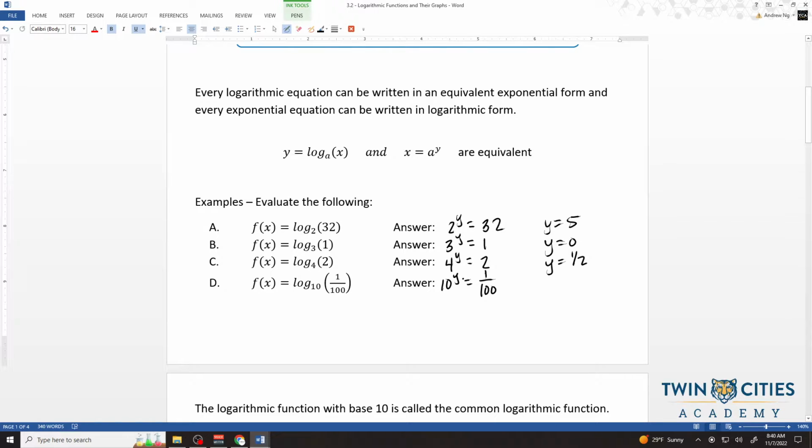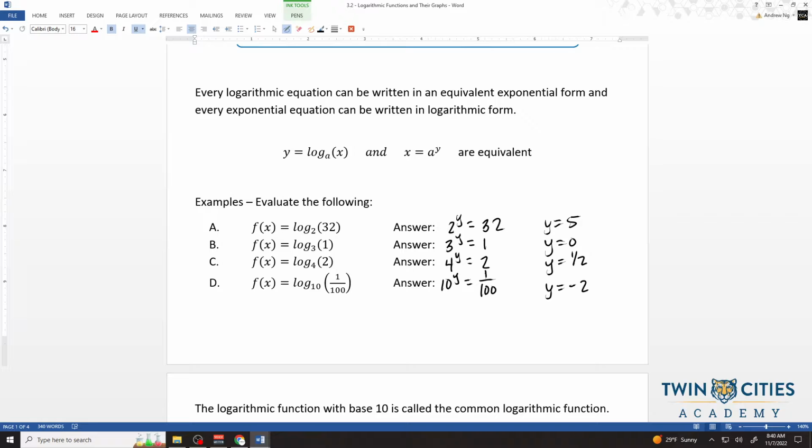So if 10 to the 2nd power is 100, then 10 to the -2 is going to be 1/100. So this is one case where just translating from one to another, logarithms to exponents, is helpful.